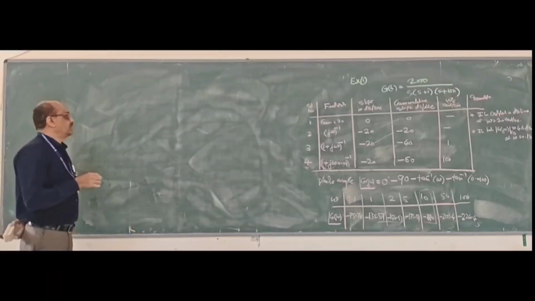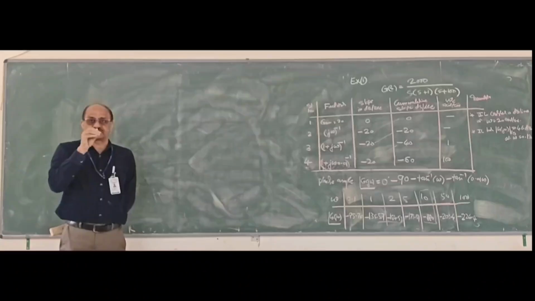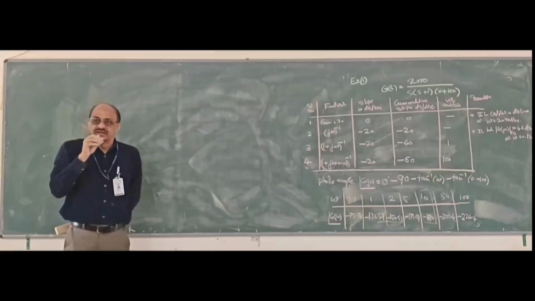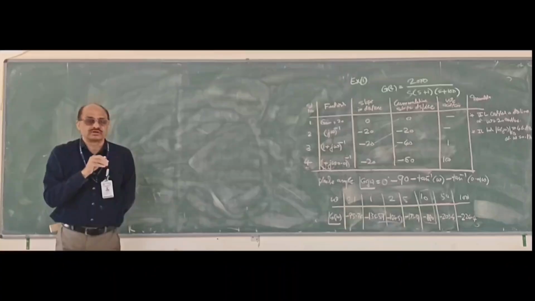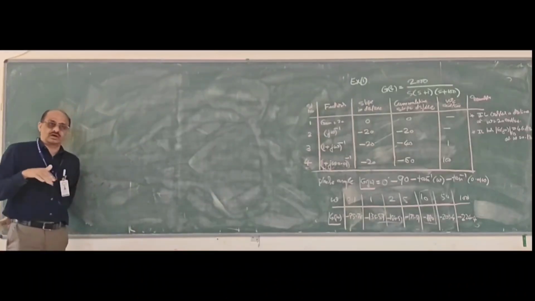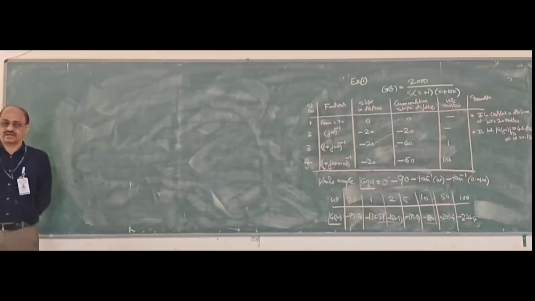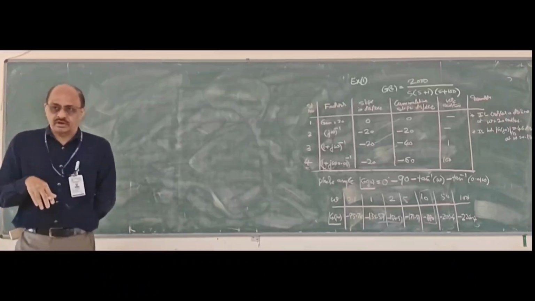In the semi-log sheet, I am supposed to plot magnitude in dB versus log omega. In the same sheet, I have to plot phase angle versus log omega, right? So the x-axis is a logarithmic scale, and that is always good.